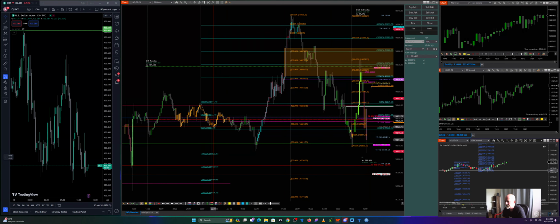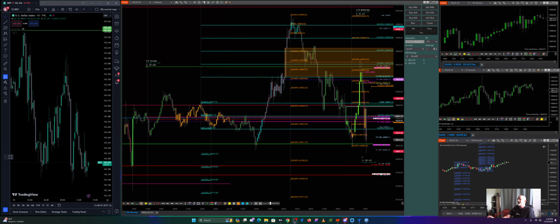So here, this yellow is the Asian range, all this price action from last night, and we can see that moving down, price was able to deliver almost to 1 standard deviation. So the question was, did we get the 20 to 30% retracement?